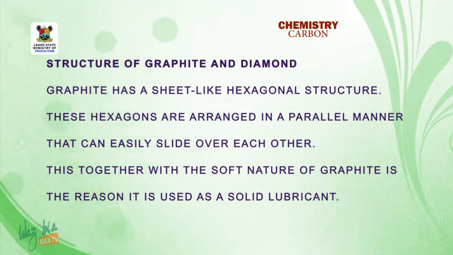Graphite has a sheet-like hexagonal structure. These hexagons are arranged in sheets that are parallel to one another and can easily slide over each other. This property, together with the soft nature of graphite, is the reason why graphite is used as a solid lubricant.